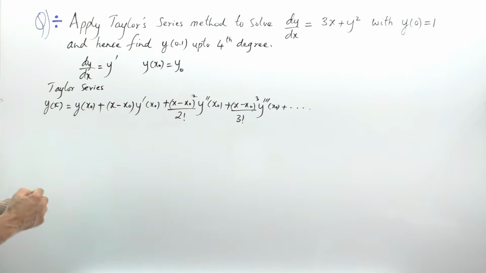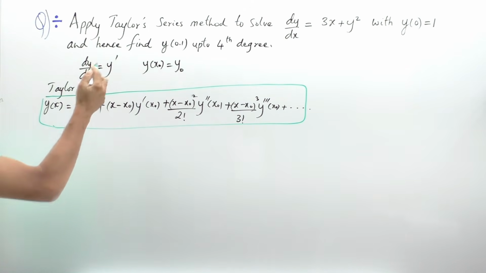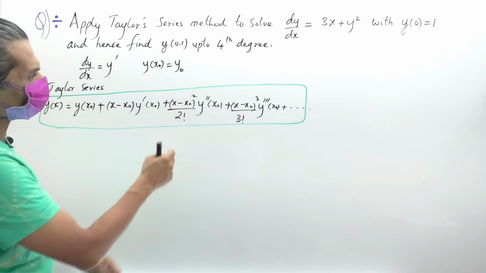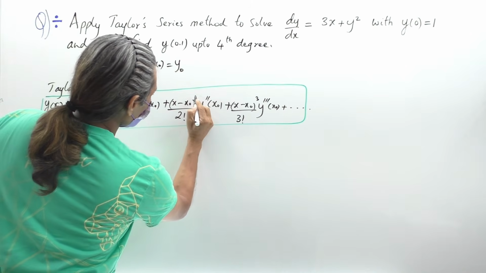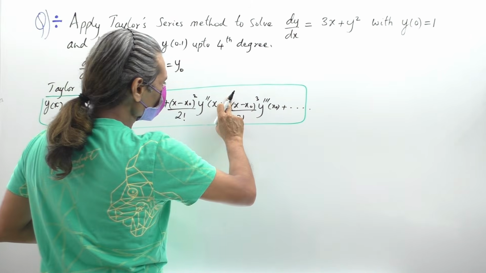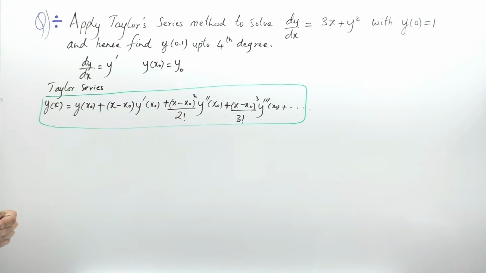This is the Taylor series formula we will be using for this problem. Remember it, memorize it: y of x naught plus x minus x naught into y dash of x naught, plus x minus x naught the whole square upon 2 factorial into y double dash of x naught, plus x minus x naught the whole cube upon 3 factorial into y triple dash of x naught, and so on.